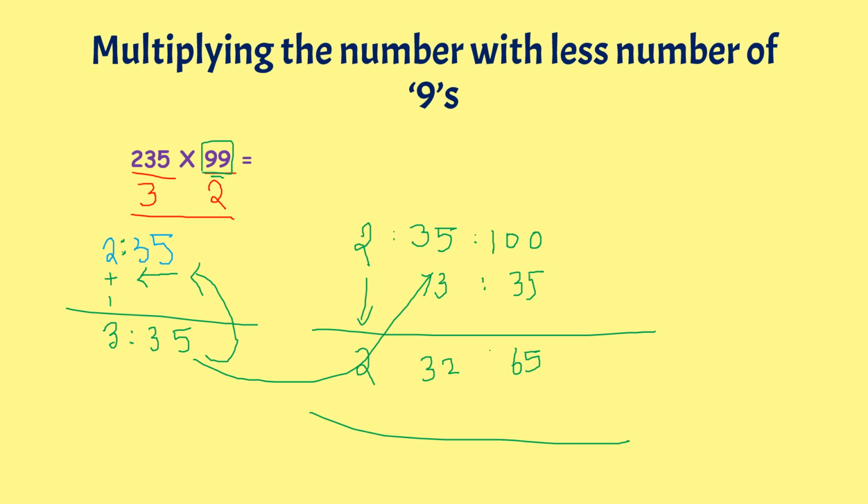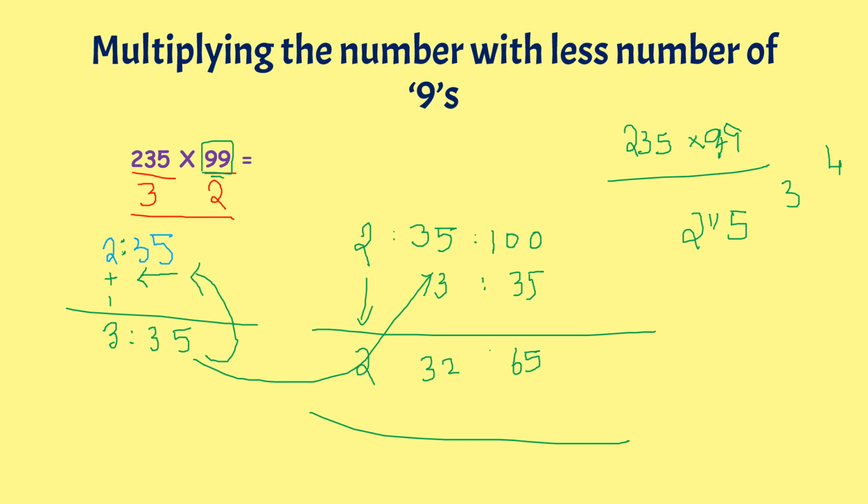Let us check whether the answer we got is correct or not. 235 into 99. 9 fives are 45. 9 threes are 27, 27 plus 4, 31. 9 twos are 18, 18 plus 3, 21.